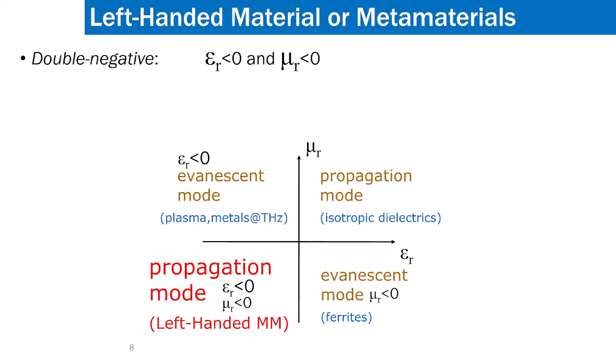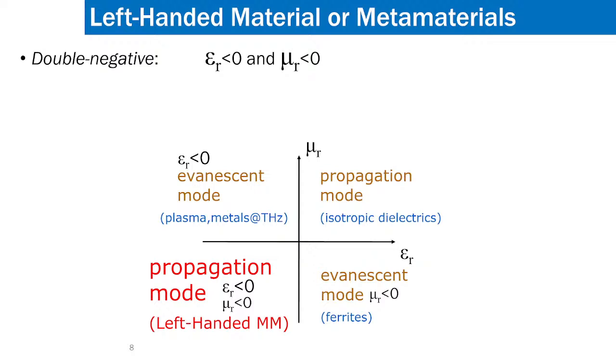The materials which belong to these quadrants support evanescent modes, and if the material falls under the third quadrant where both are negative, it is again supporting propagation mode. So this is how we classified yesterday.